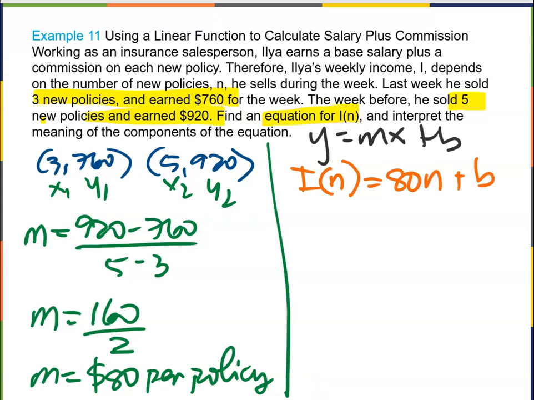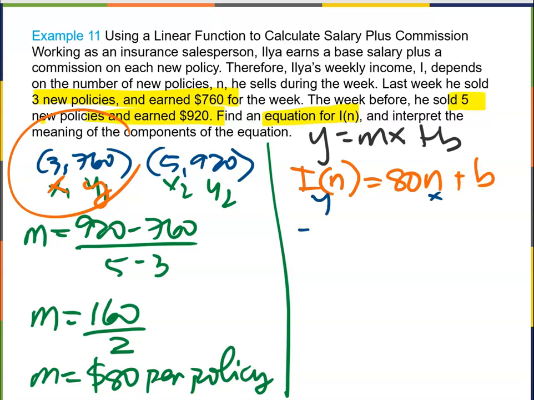Now how do we solve for the initial value? You can plug in this x and this y.